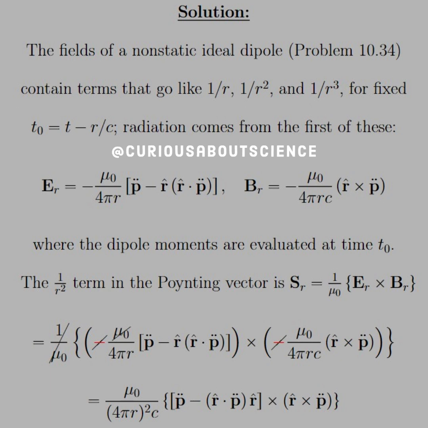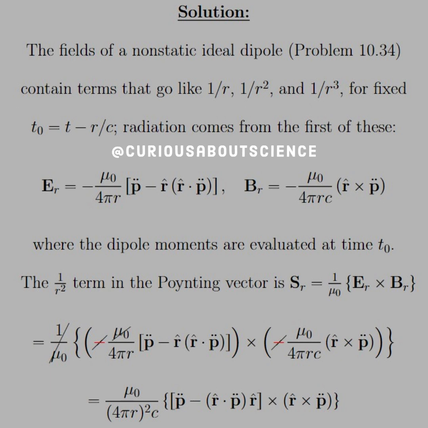The 1 over r squared terms from the Poynting vector is S over r, the radiation vector. So we just have E radiation cross B radiation, and things cancel away accordingly. So factor out whatever we need to. And now we're just left in the squiggly brackets with p double dot minus r hat dot p double dot r hat cross r hat cross p double dot.